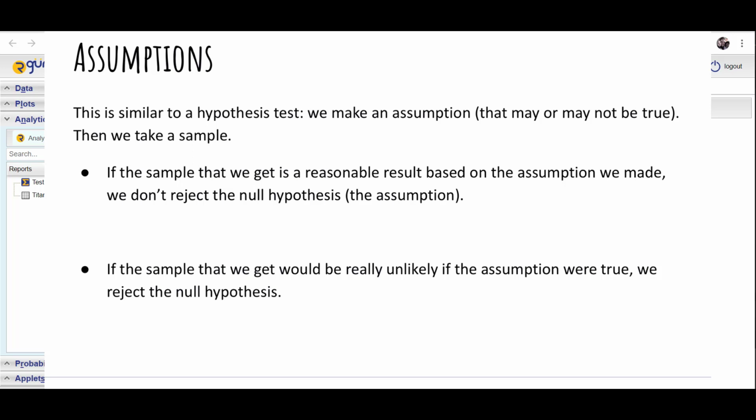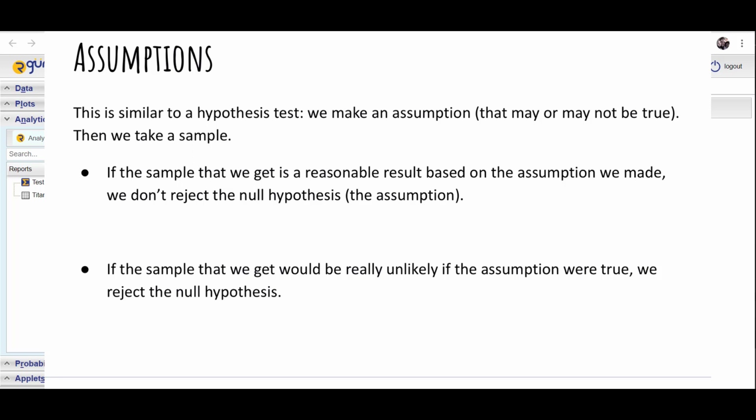We fail to reject it. That means the probability of getting that sample mean or sample proportion is bigger than what we consider to be an unlikely event. So usually 0.05, but we can switch that up.